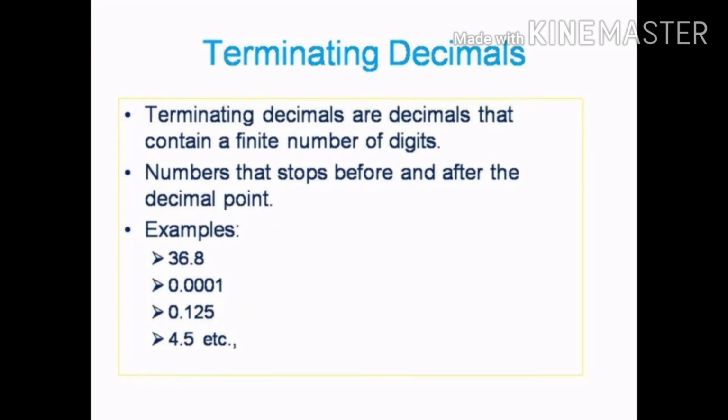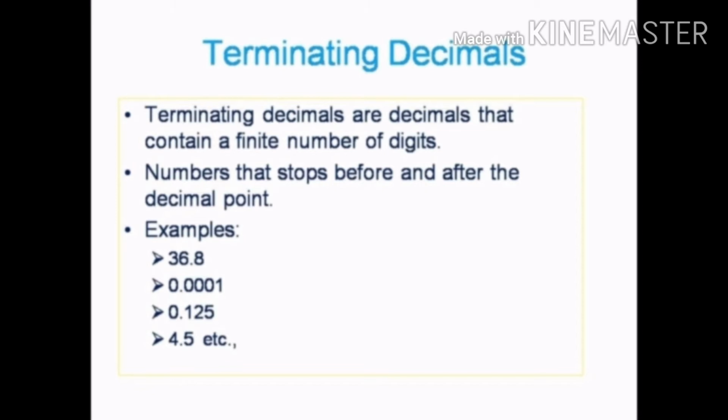See the example 36.8: 36 is the integral part and 8 is the decimal part. 36 stops before the decimal and after the decimal, 8 also ends with 8 only. There is no 'and so on' symbol, right? So it is terminating, which means it stops.